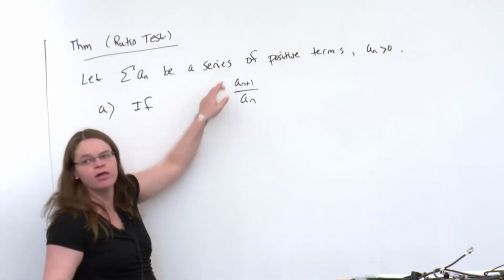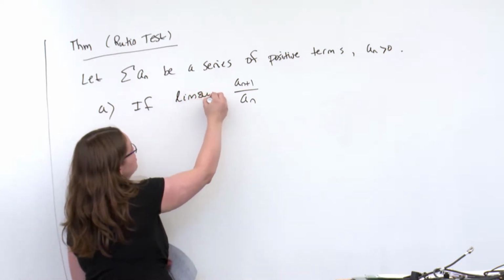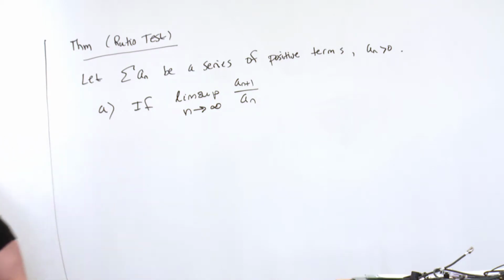If these things are getting smaller, what we should at least have is a limit superior. So we're going to look at the limit superior. Okay, and we're going to say that these ratios are bouncing around, but as long as in the limit they don't bounce too high, they stay definitely well below 1, then we should be in business.